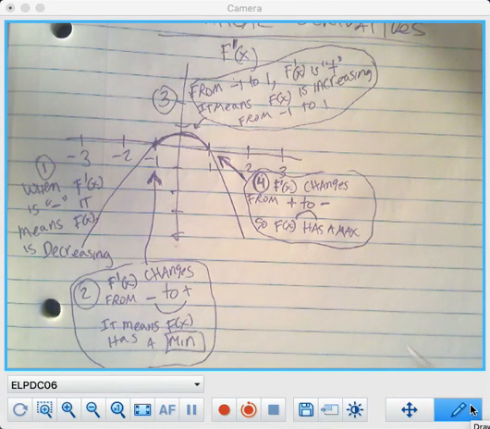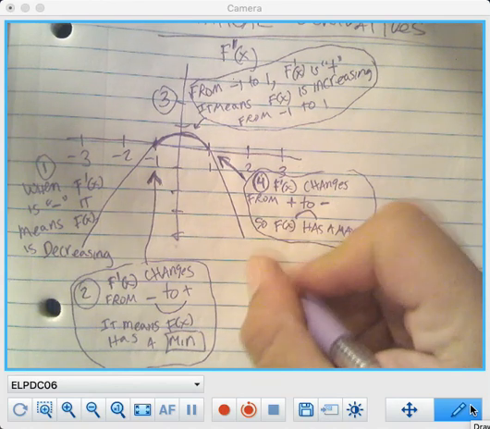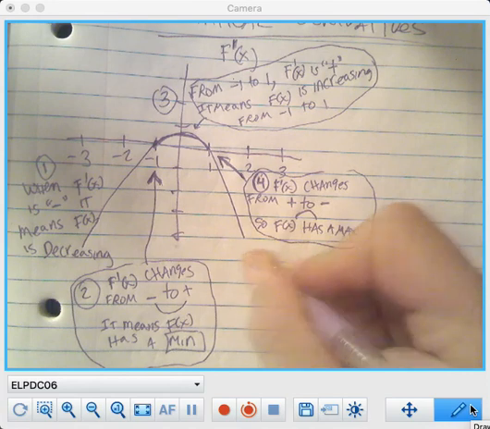And then I have a little star right here. So you know how in my notes, I just do stars.